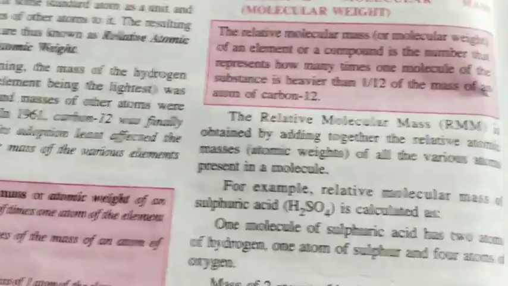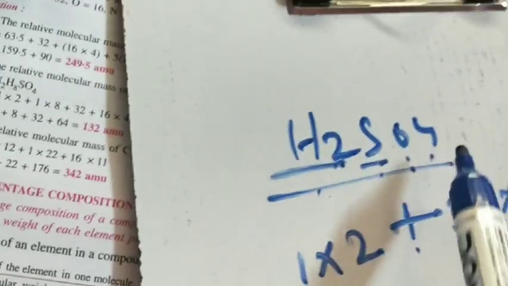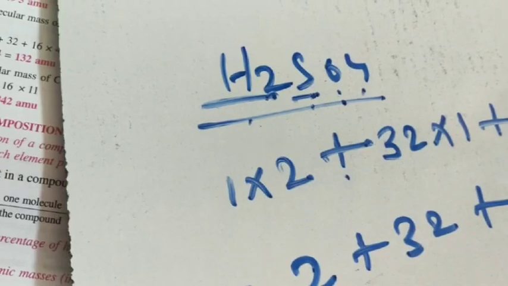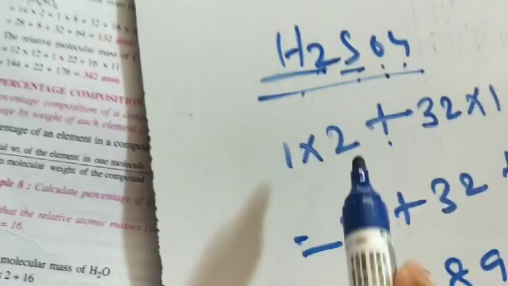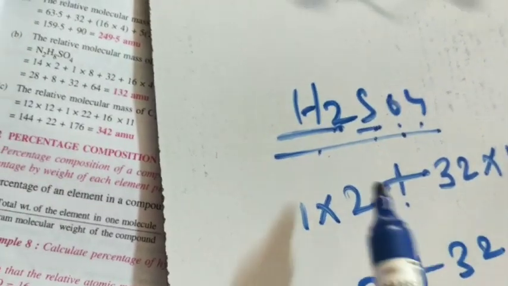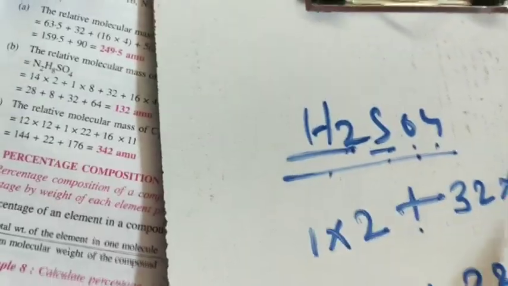What do you mean by constituent atom? That is each atom present in the molecule. For example, in sulfuric acid, 3 types of atoms are present: hydrogen, sulfur and oxygen. We write their atomic masses separately and calculate the summation, and we get 98 AMU. In this way we find the molecular mass of different molecules.